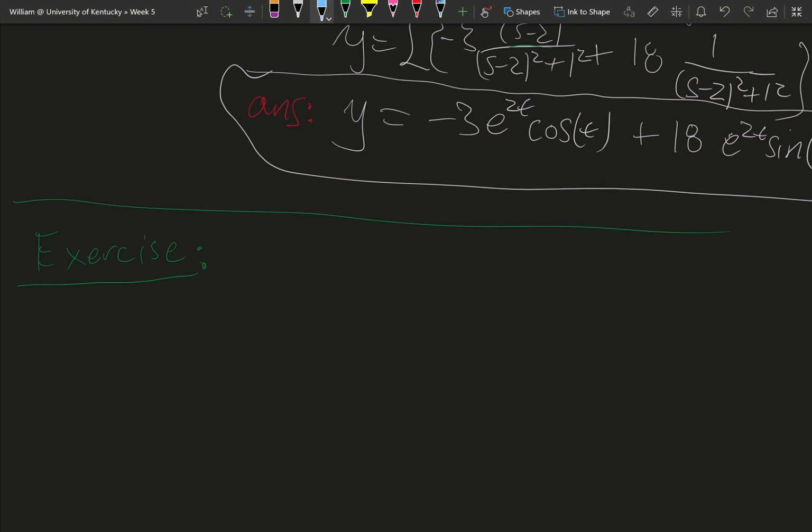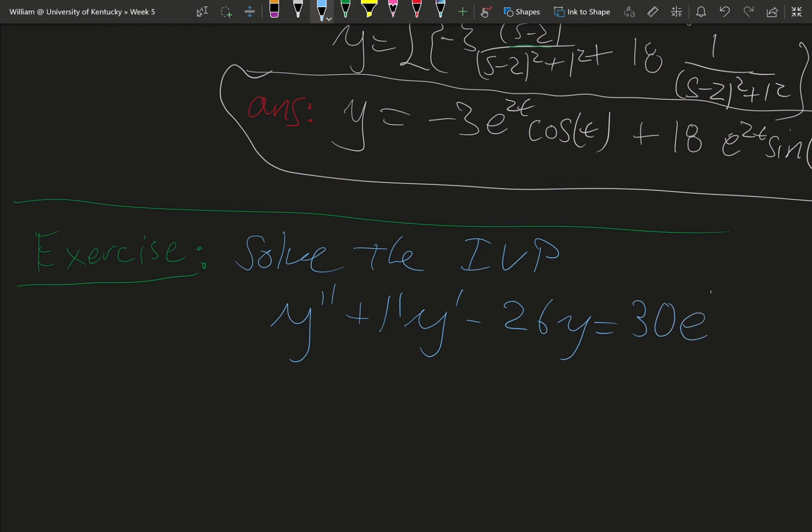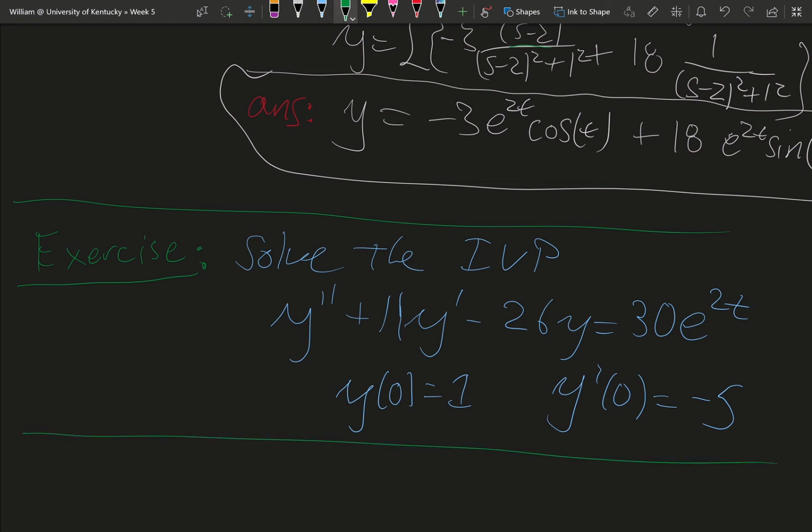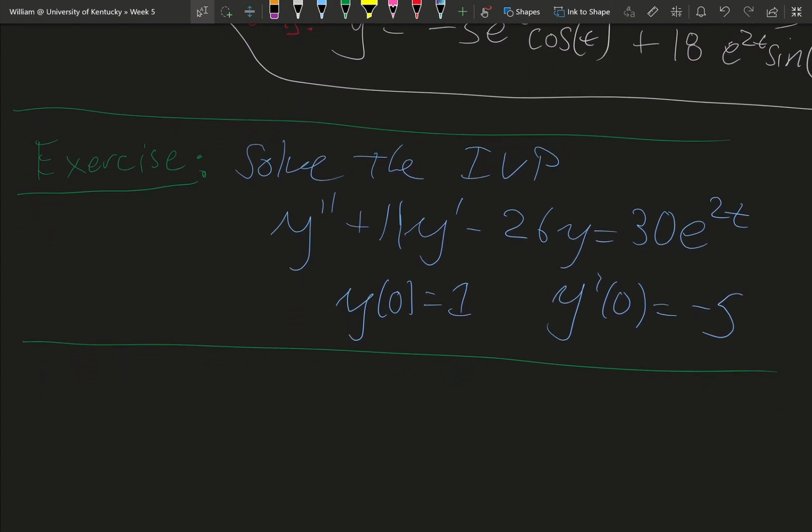Okay, I'm going to do one more. I'm not going to fully work this one through, but I'll work it through up to the partial fraction decomposition. All right, so again, we take the Laplace transform of both sides.